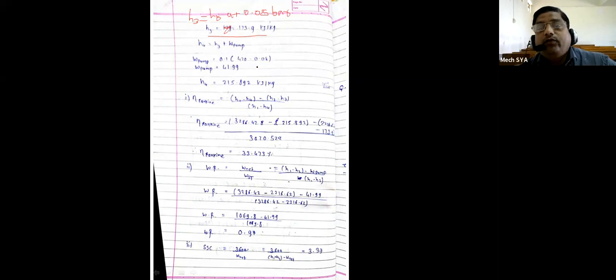W pump is equal to 0.1 into boiler pressure in bar minus condenser pressure in bar. Mistakes are there: what is boiler pressure? 24 bar is the boiler pressure, not the temperature the student has taken. It is 24 minus 0.08. So I request Asmita to correct the answer.